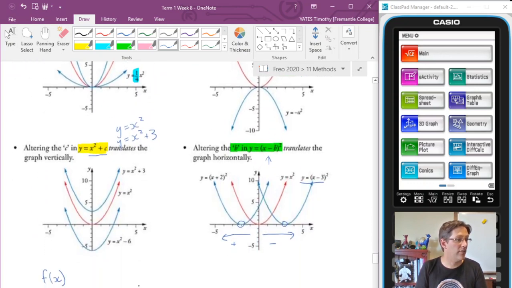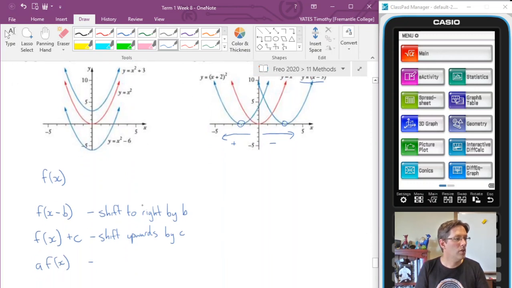It's a dilation, that's right. So we would say this dilates by a factor of a. Now there are a few more, but we're not going to deal with those just yet.